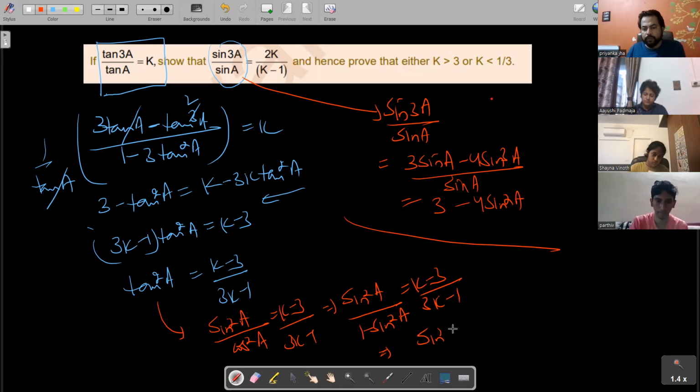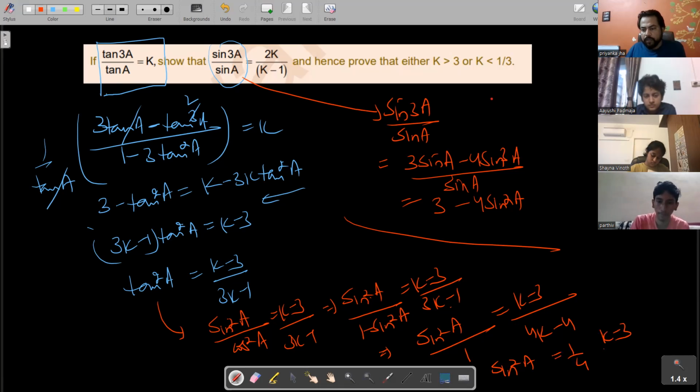So if I take sine square a and this plus this in the denominator, you will get 1, because 1 minus sine square a plus sine square a. Only dividendo I'll apply. So k minus 3 upon this minus that, 4k minus 4. So now you have sine square a as 1 by 4 times k minus 3 upon k minus 1. See, there is a mistake.